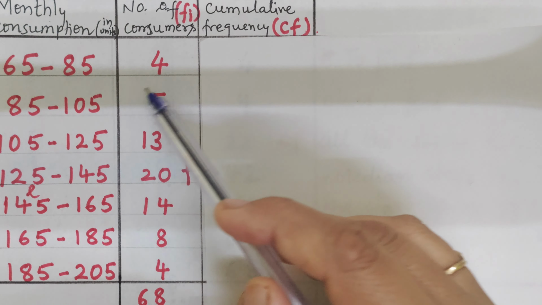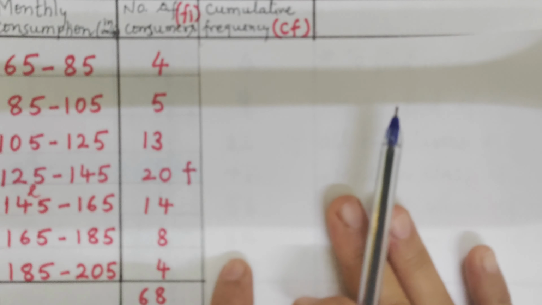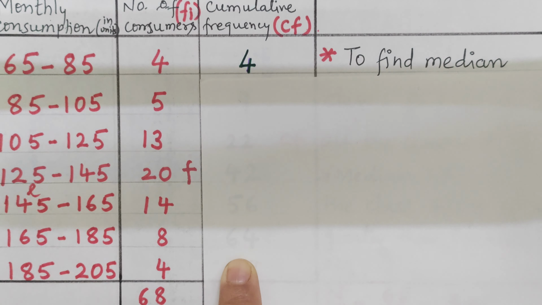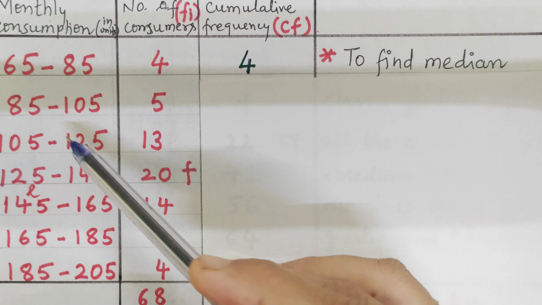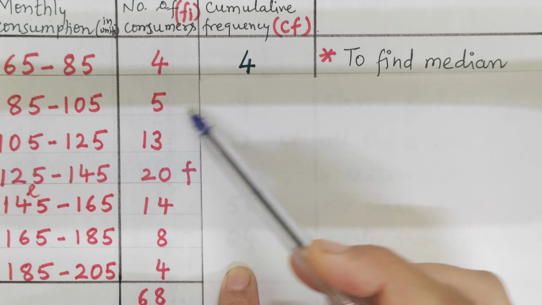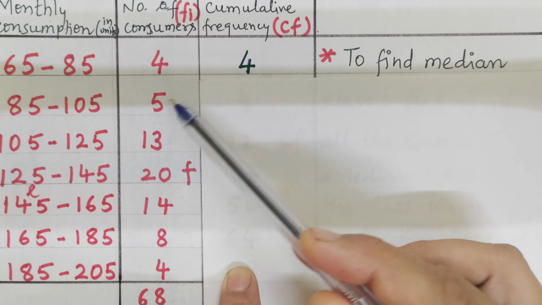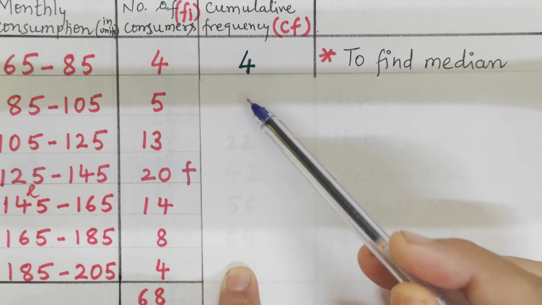For this class, the cumulative frequency is same, 4. Now for next class, the cumulative frequency will get by adding 4 and 5, which is 9.